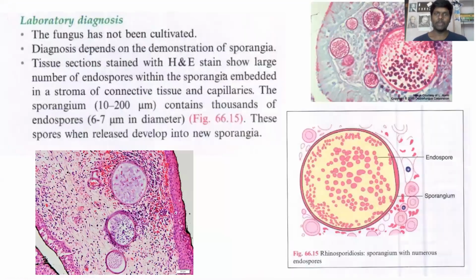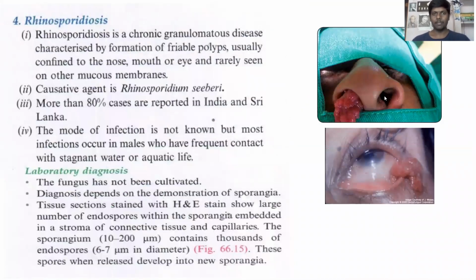In the microscope, you will see this particular structure: a sporangium, and within the sporangium, you will see sporangiospores. So in laboratory diagnosis, in H&E staining, you will see sporangia embedded in stroma, connective tissue and capillaries. So this structure will be seen under the microscope in rhinosporidiosis. Presence of this indicates it is a rhinosporidiosis infection. Rhinosporidium seeberi is the fungus responsible for rhinosporidiosis.